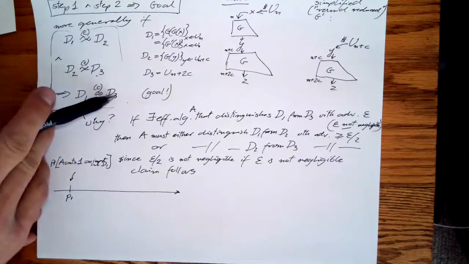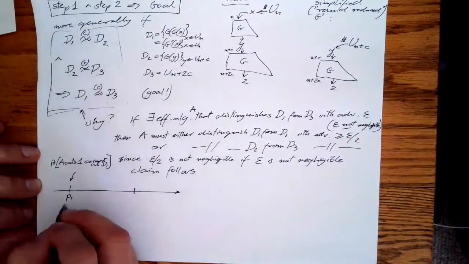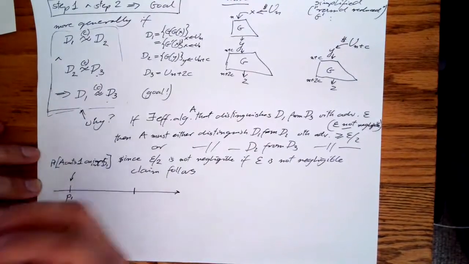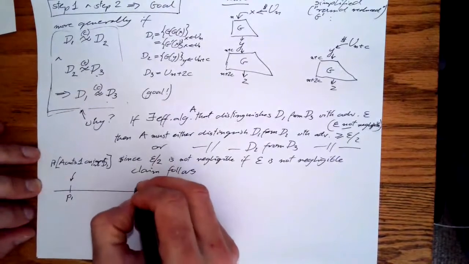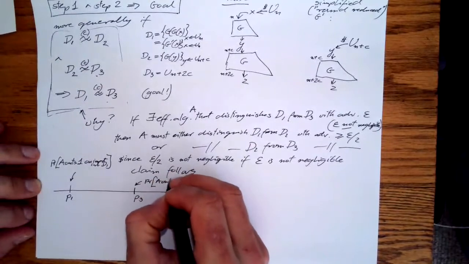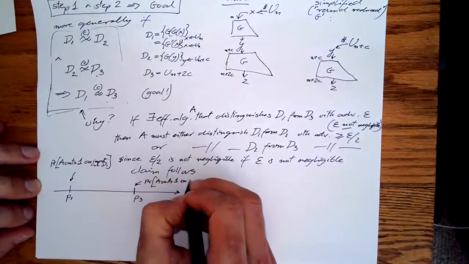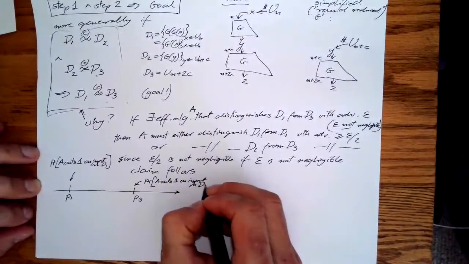Let's assume that there is an algorithm that can distinguish them. So there is some probability with which he outputs 1 given input from D1. And here is some probability P3 that A outputs 1 on input in D3.